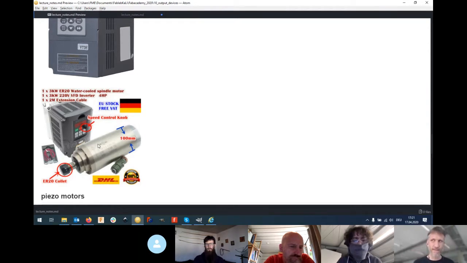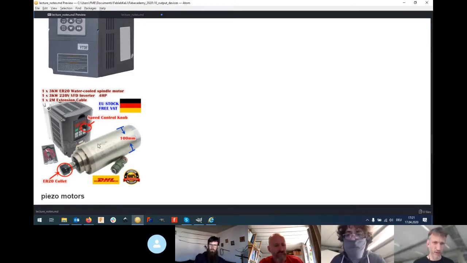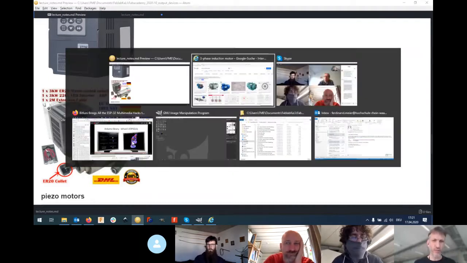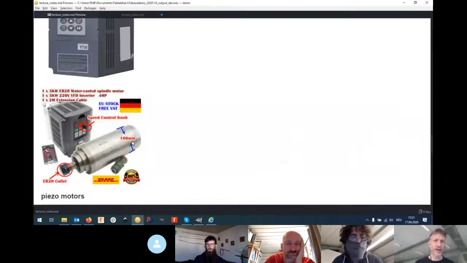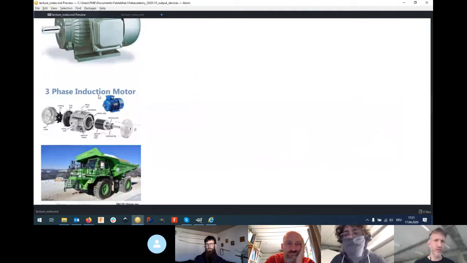But is this also happening for the brushless models, of course? The small ones, it's kind of similar, but the BLDCs usually have magnets, whereas the three-phase induction motors don't have magnets. Are the motors from the spindle synchronous three-phase or asynchronous? They're asynchronous three-phase induction motors.